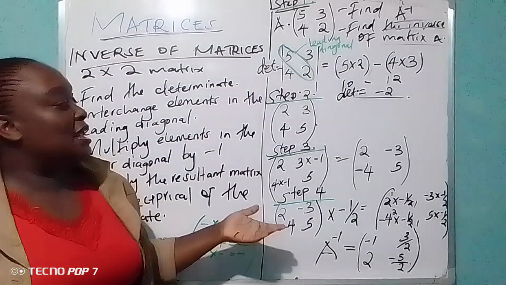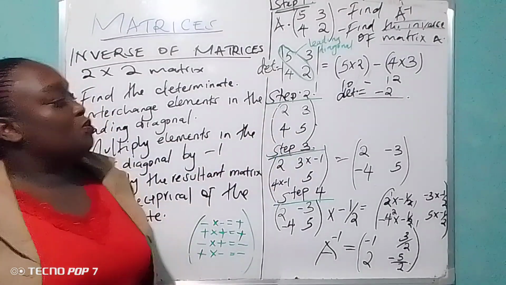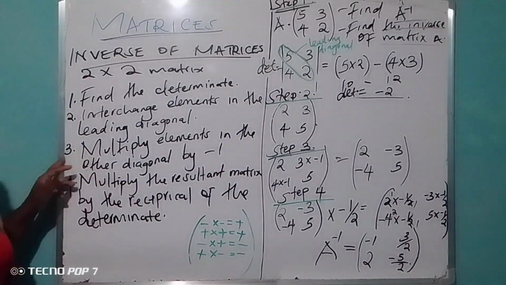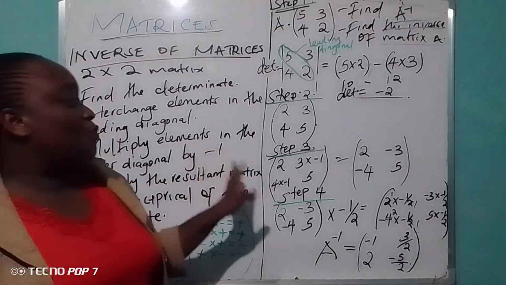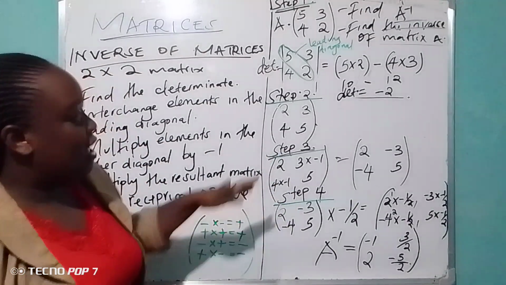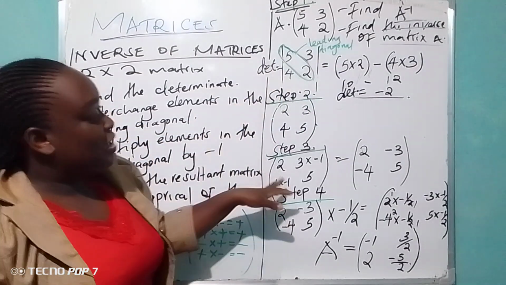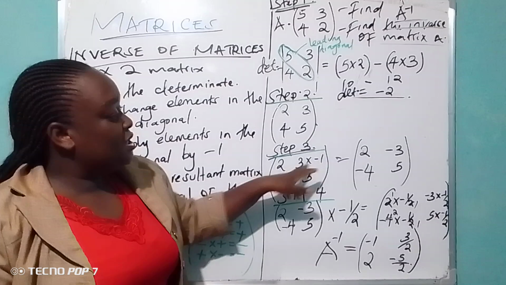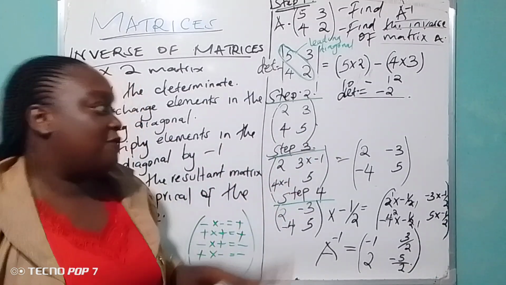The leading diagonal is that. So we interchange elements. So the 2 inakuja hapa juu, 5 inakuja chini. Then the third step is multiply elements in the other diagonal by -1. So we have identified the leading diagonal, the other diagonal is this. So it will be 2, then 3 times -1 and 4 times -5.